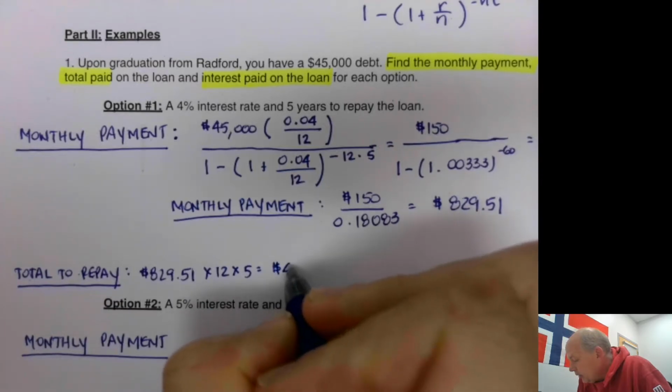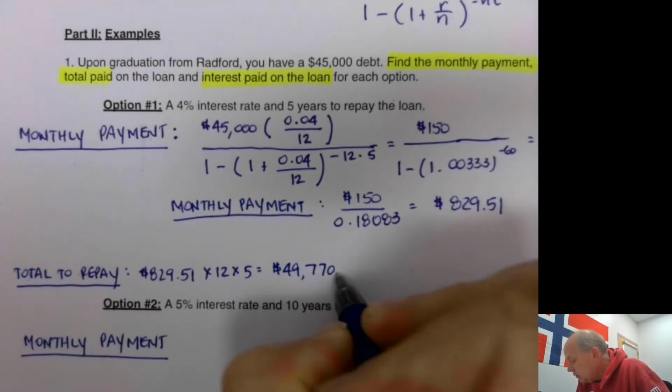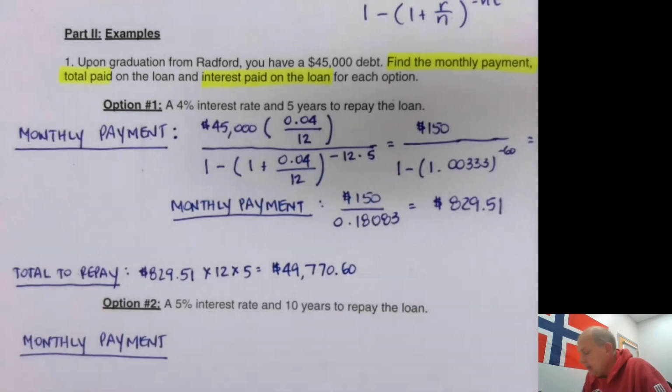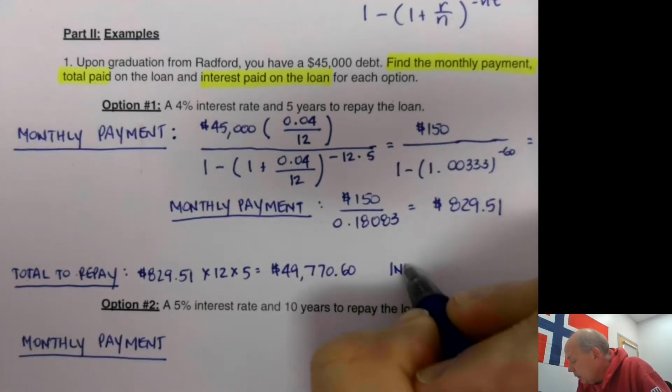The total that they have to pay back on their student loan, $49,770.60. So even though they only borrowed $45,000, they have to repay that, which includes the interest.